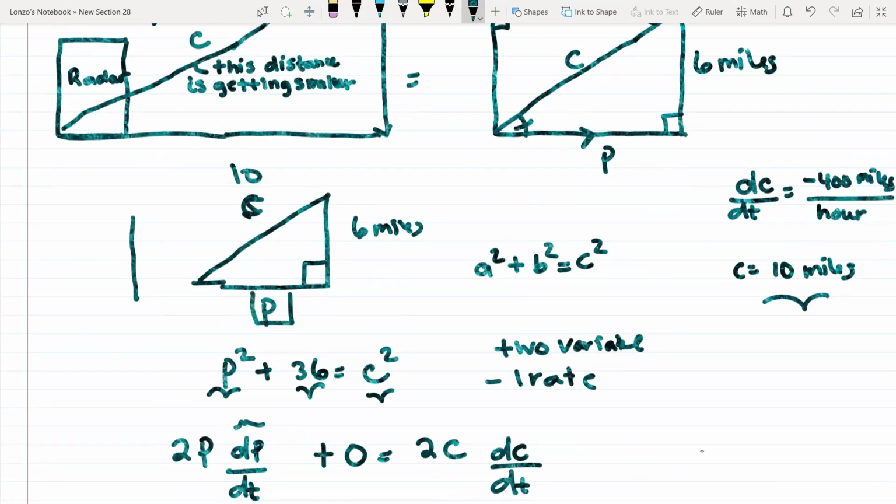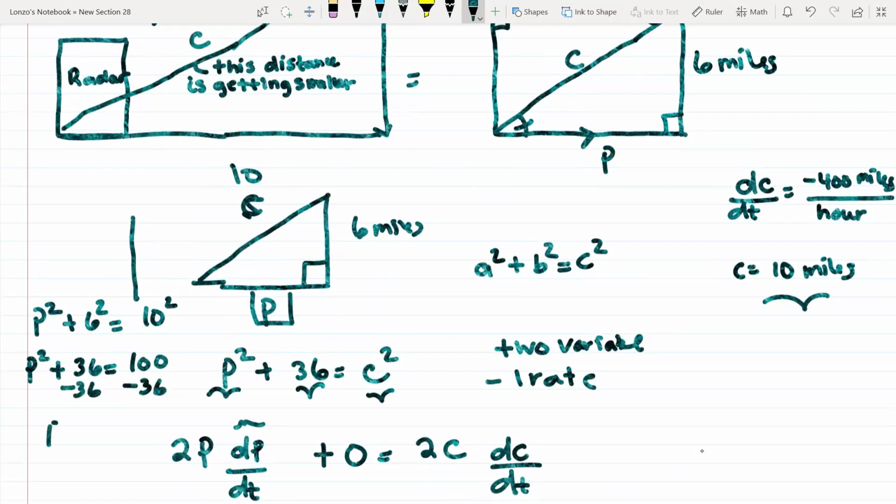So how do we solve for p? We can now use the Pythagorean theorem, so it would be p squared plus 6 squared equals c squared, or 10 squared. So this is p squared plus 36 equals 100. Solve for p, so I'm going to subtract 36.